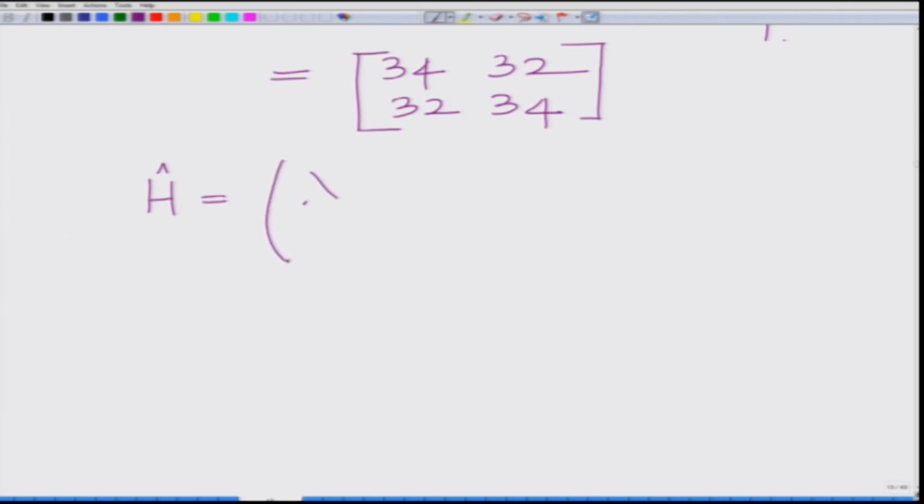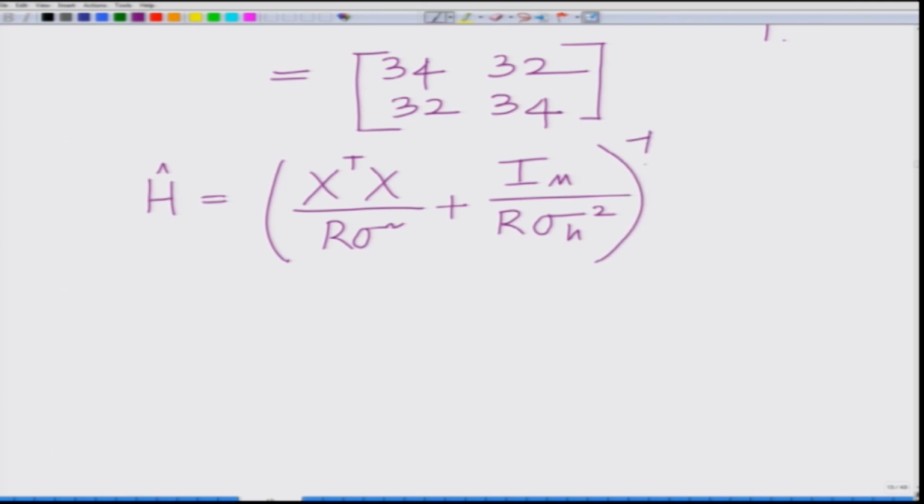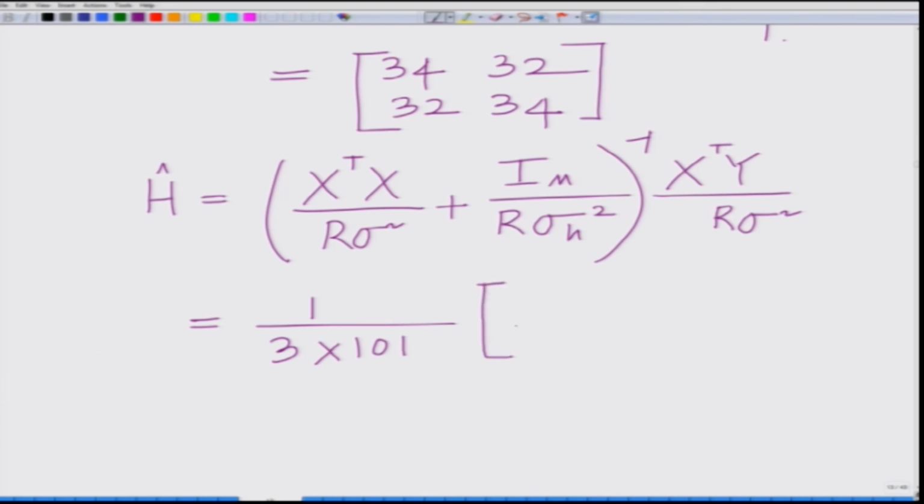Therefore, now your MIMO channel estimate is given as h hat equals x transpose x divided by r sigma square plus I_m divided by r sigma h square, inverse, into x transpose y divided by r sigma square. This is equal to 1 over 3 into 101 times 52, minus 49, minus 49, 52.